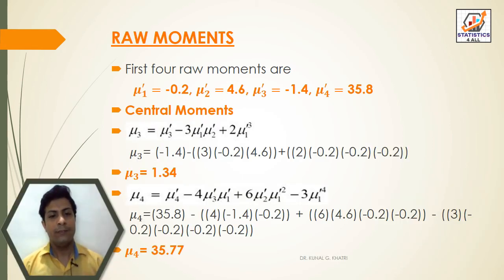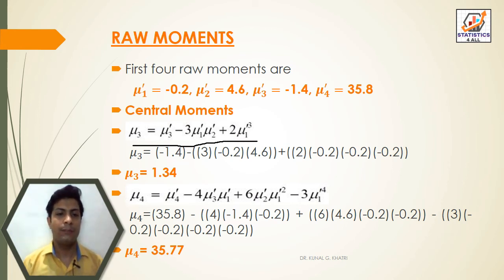So after finding mu 2, we find mu 3, and mu 3 is equal to mu 3 dash minus 3 mu 1 dash into mu 2 dash plus 2 mu 1 dash cube. So here all values are given: mu 1 dash is equal to minus 0.2, and mu 2 dash is given also, we will put here, and for mu 3 dash, value minus 1.4 will be put here.